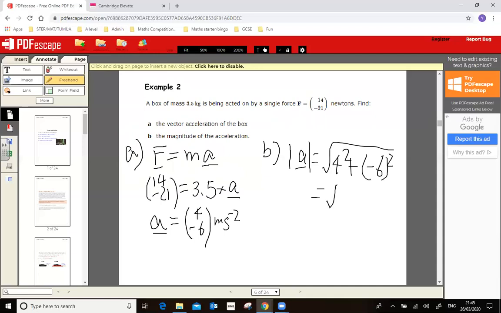Okay, so that would be 16 plus 36, which will come out to be the square root of 52. Or if you put it in a calculator, that will be 7.21 meter per second squared to 3 significant figures. Okay, excellent. Let's look at the next example.